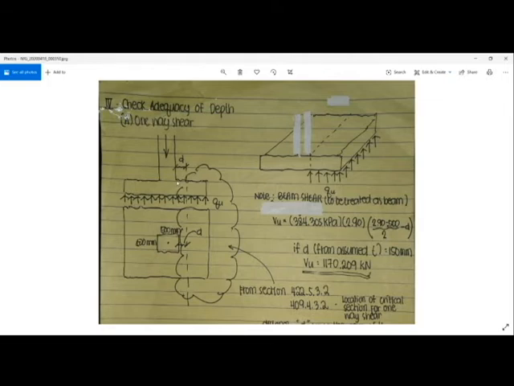Pag nag-fail siya, when your footing here or sabihin natin na beam ito experiences shear failure, ang failure niya usually diagonal, starting from the face of your column, pababa siya doon sa sinasabing critical section.